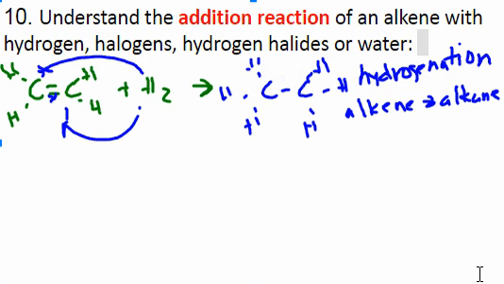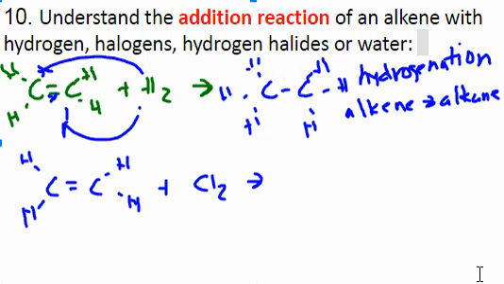If I do the same thing with a halogen, it's a very similar process. I've got my alkene. I'm adding my halogen, so I'll make it Cl2. Once again, the double bond is broken and a bond opens up on each carbon. I put them opposite. You put them on the same side, doesn't matter. And in doing that, a chlorine ends up on each carbon.